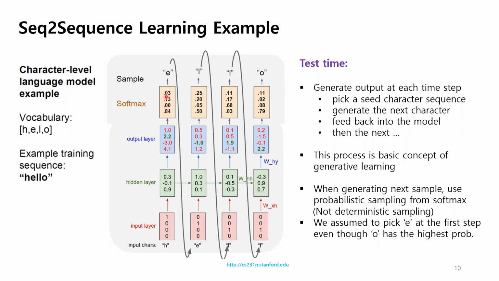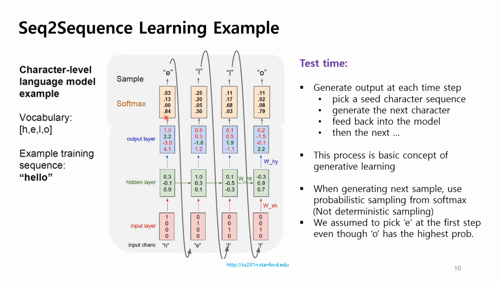In this case, the probability of H is 3, probability of E is 13, probability of L is 0, and probability of O is 84. So you do probability sampling out of these four.